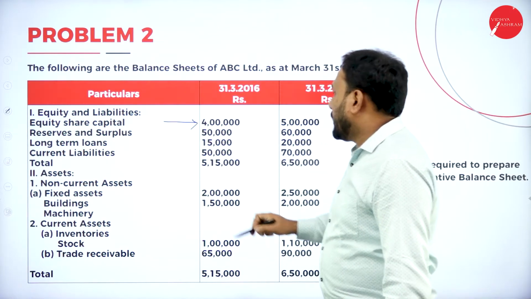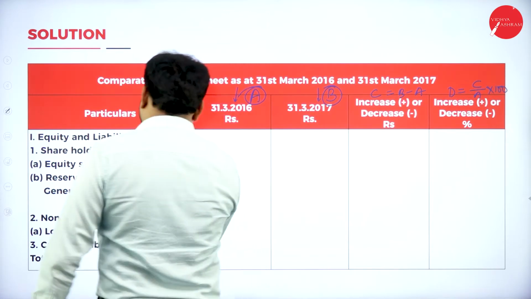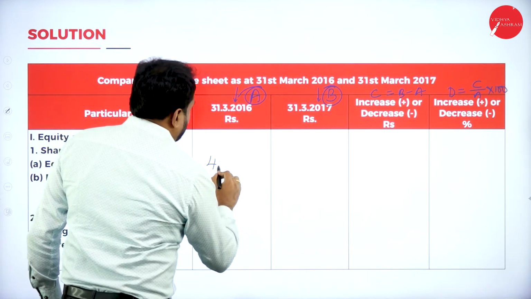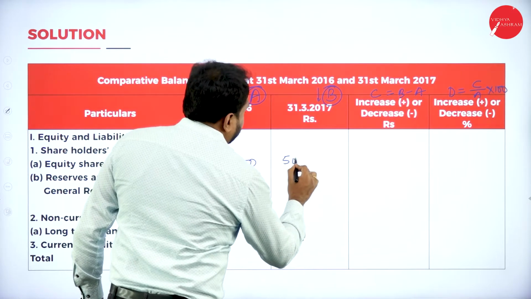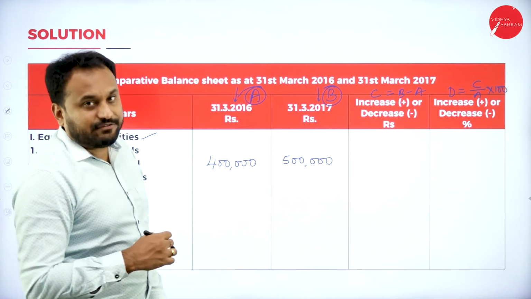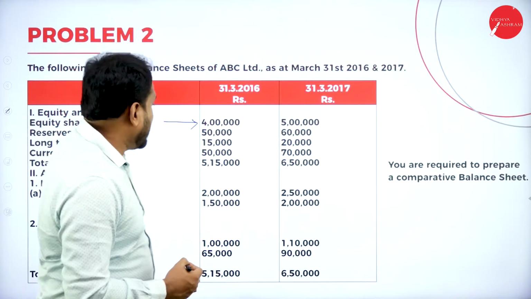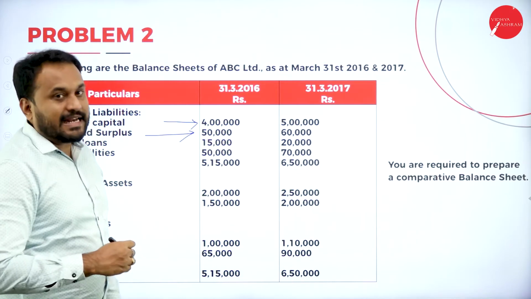We have 4 lakh and 5 lakh. So we'll write here 4 lakh and 5 lakh. Done. Next, we have reserves and surplus, 50,000 and 60,000.